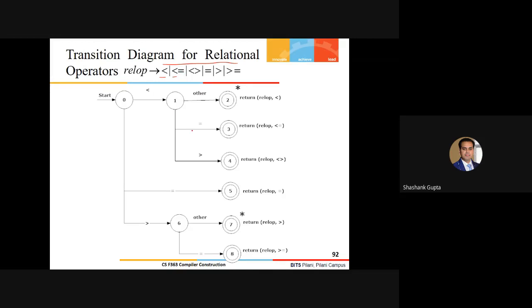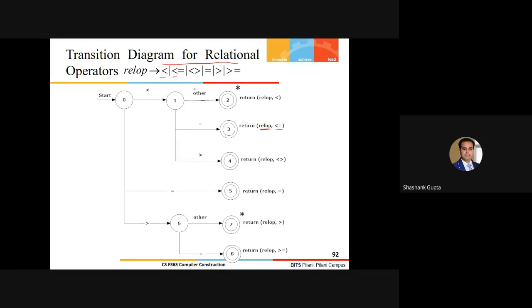So we read equal to from state 1 to state 3, and assuming we do not have more in our specification, we can now return the token relop, with the lexeme less than equal to.